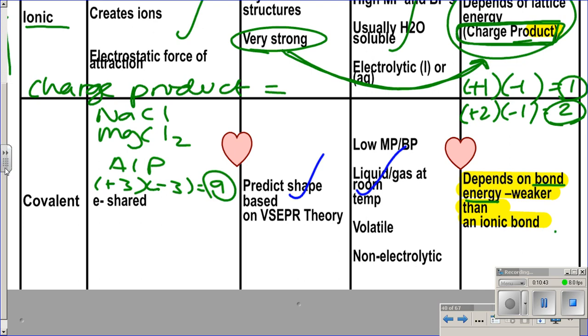Now, we need to figure out how to determine the strength of a covalent bond. If you're talking about just a covalent bond, you need to know the bond energy, which is on my next slide, or we need to know their IMFs. Oh, IMFs, that's intermolecular forces. That was on the last slide. First word up there, intermolecular forces. Those are called IMFs.